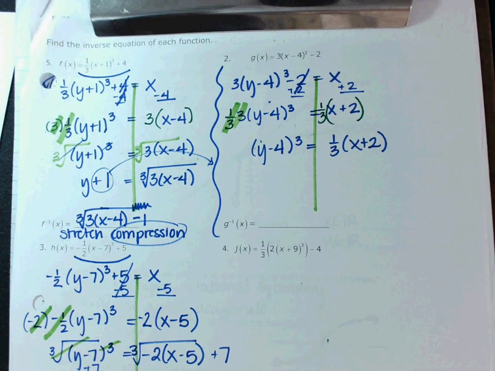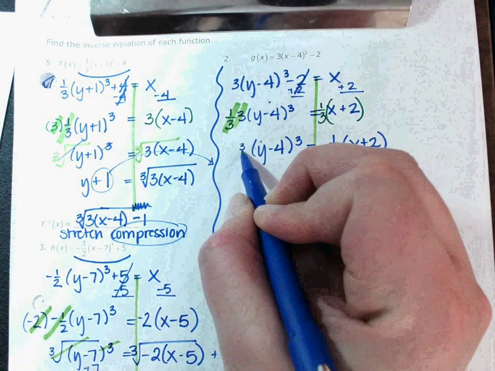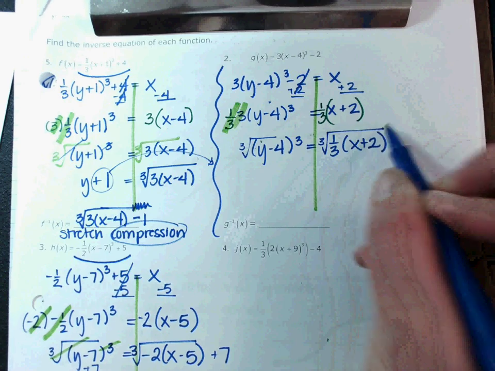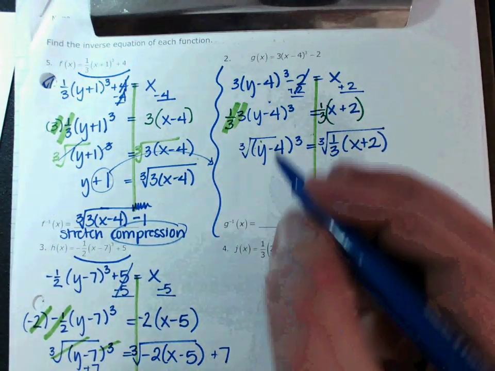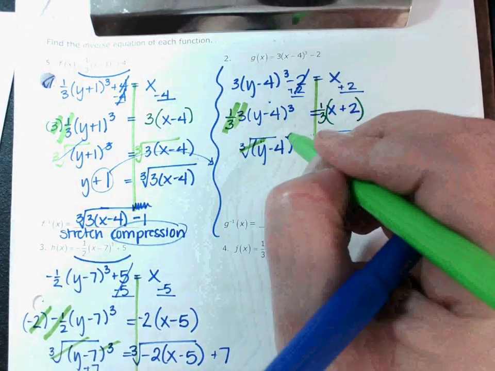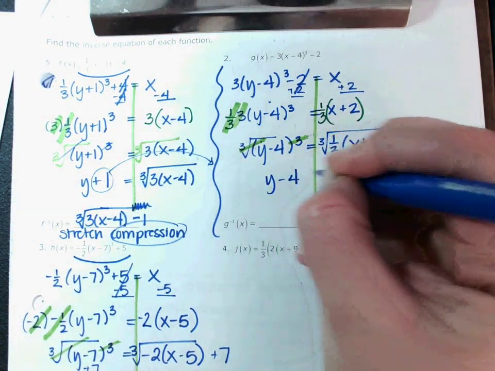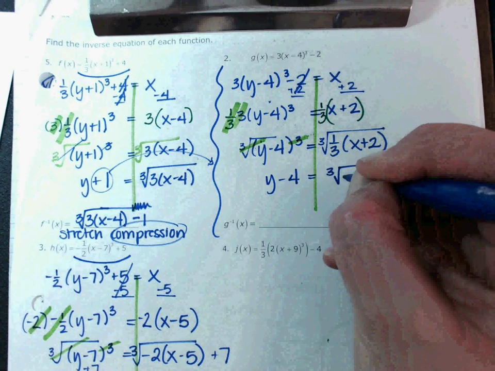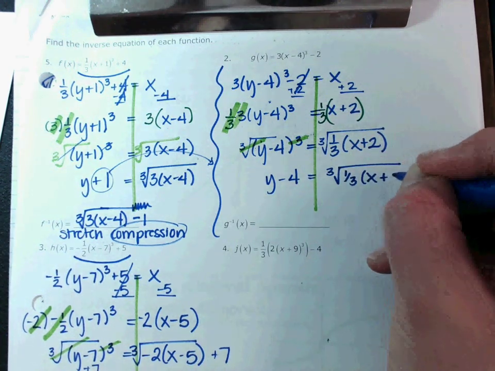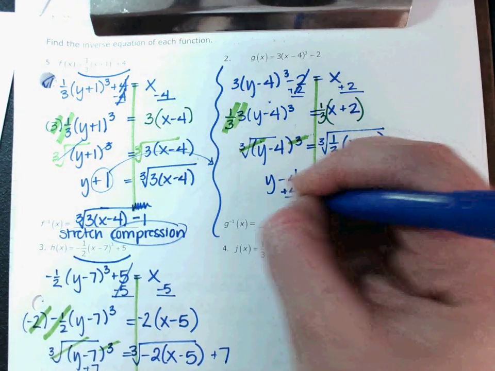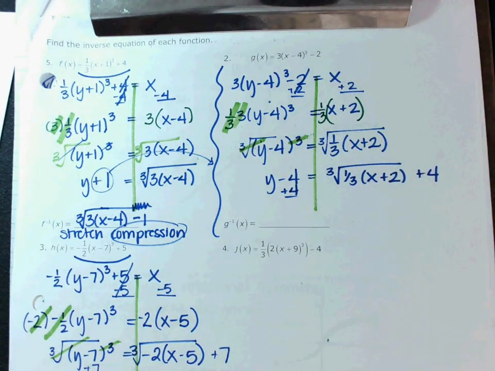And then what will my step be after that? I'll take my positive 4 across. So those guys cross out. I have y minus 4 left over. And then for my very last step, I'm going to add that 4 plus 4 plus 4. And that would be your answer.